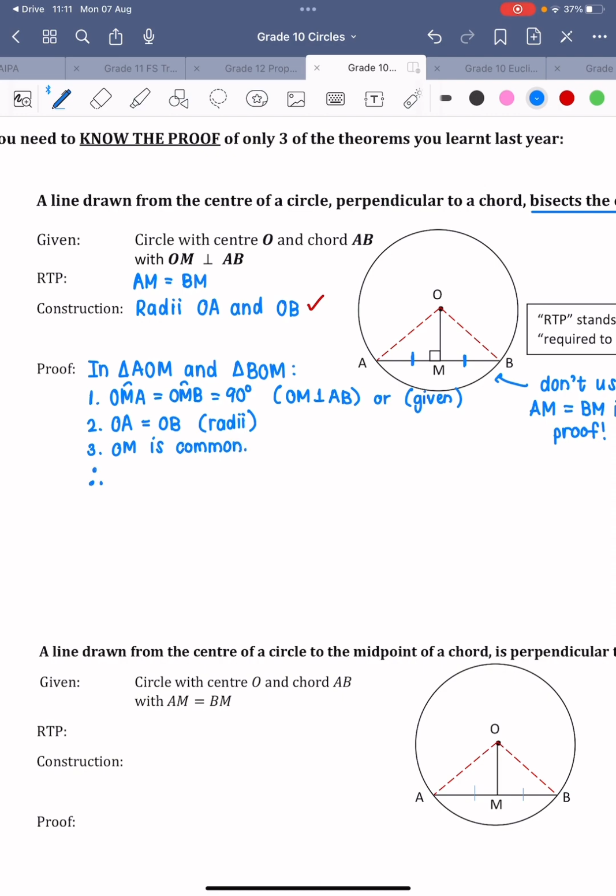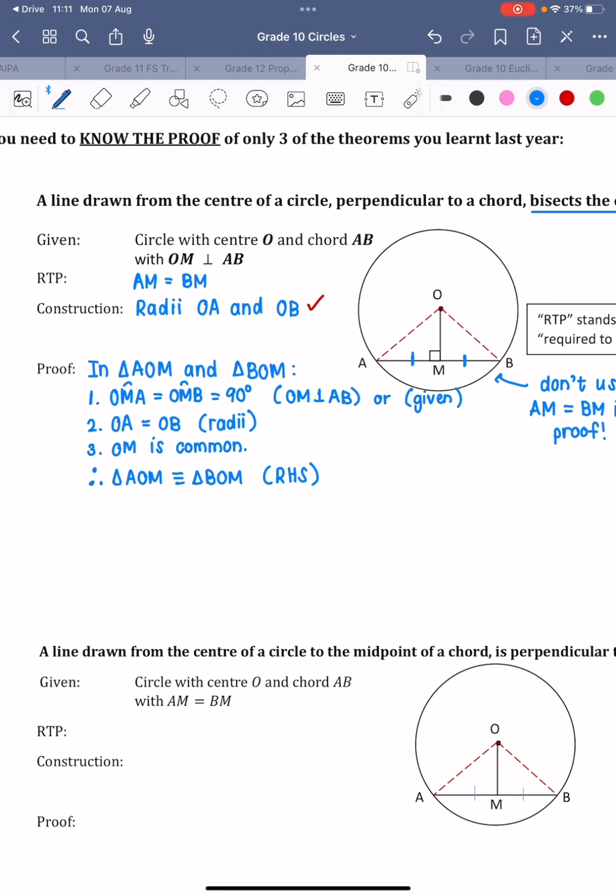Therefore, triangle AOM is congruent to triangle BOM. And the reason is right angle, hypotenuse, side. And since these two triangles are congruent, that means that AM has to be equal to BM, because remember, congruent triangles are identical.